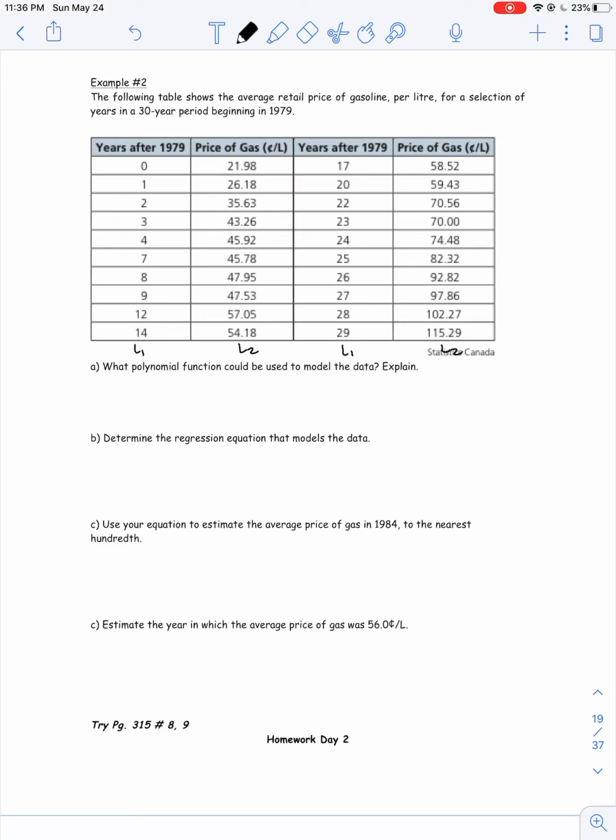Now, there's a button in your calculator that can help you actually prove that. So I'm going to show you that if you press second 0, that's going to take you to the catalog. And then if you scroll down, and it sometimes takes a while, you're scrolling down to the letter D, and you want to find something that says diagnostic on.